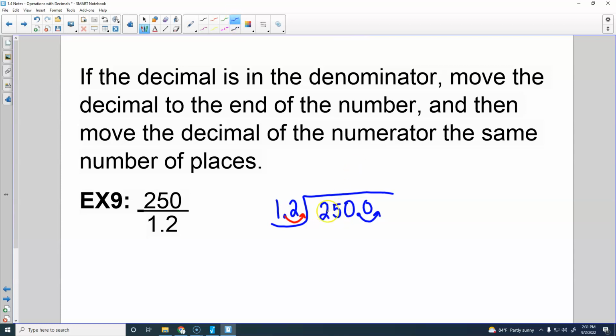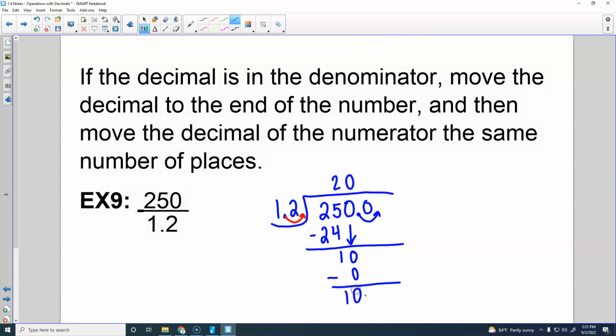So how many times does 12 go into 25? 2. 2 times 12 is going to give me 24. Subtract, we'll get 1. Bring down. Okay, how many times does 12 go into 10? 0. So I'm going to have a 0 right here. 0 times 12 is 0.